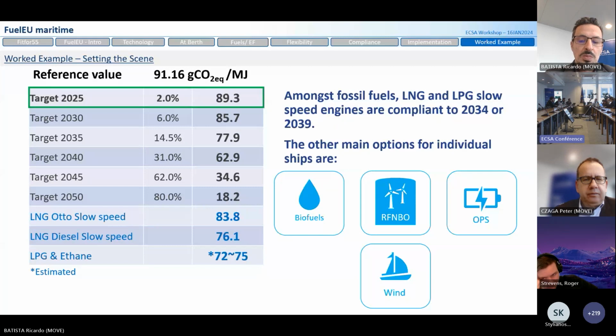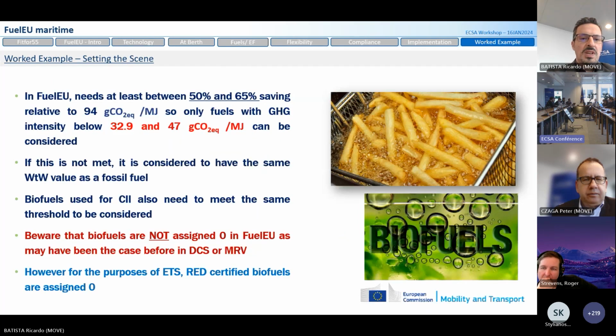Other main options would be biofuels, RFNBOs, shore power and wind, as I've shown. In the specific case of biofuels, we refer to RED for the certification of the fuels, and this can take into account eligibility of biofuels from 50 to 65%, depending on the year of the installation producing the fuel.